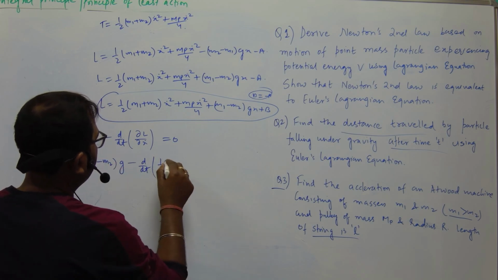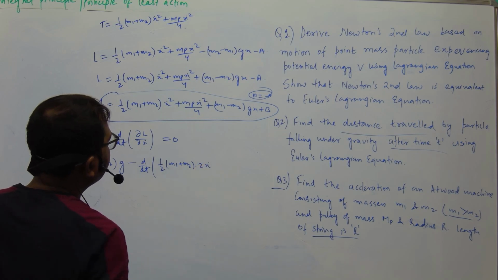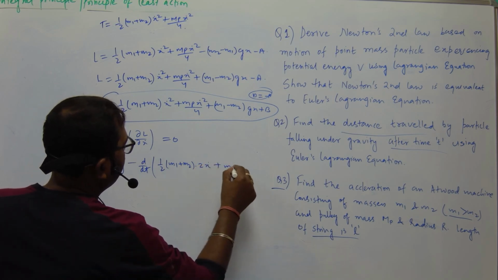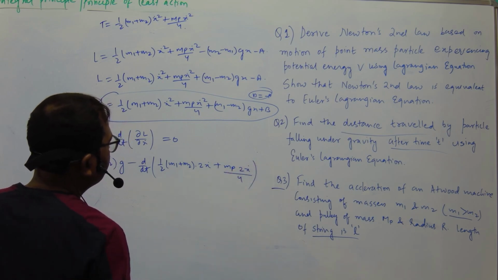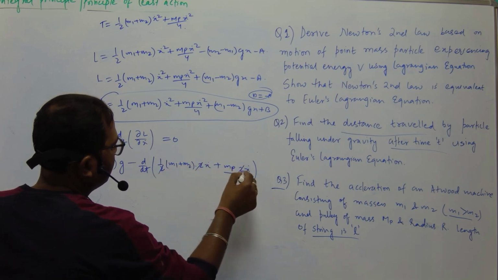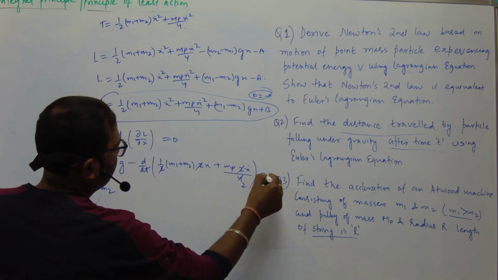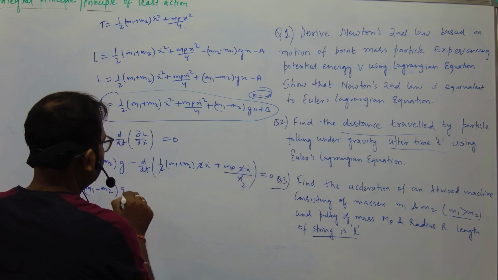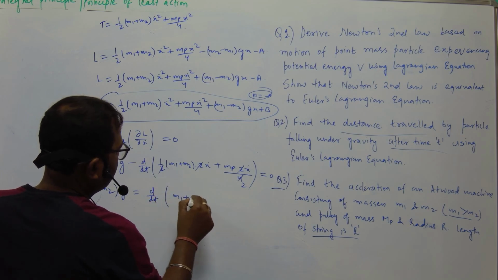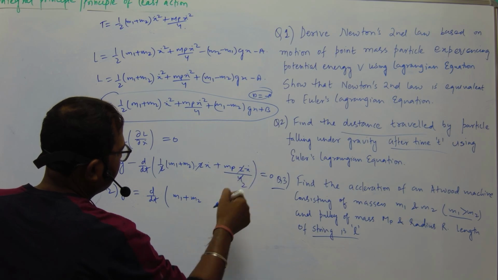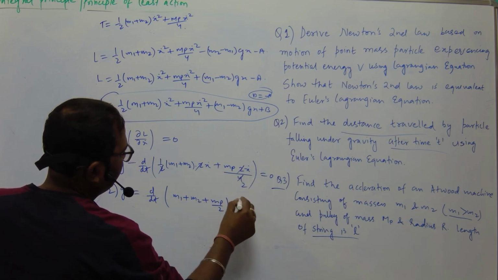So it will be half of m1 plus m2 x dot, the 2 gets cancelled, plus mp upon 2 x dot.